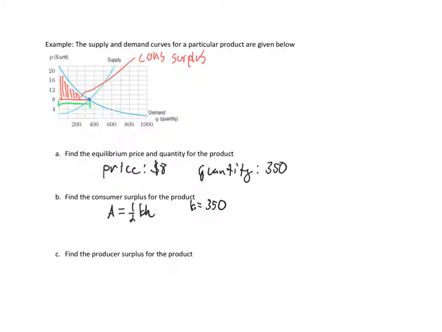The height would be equal to this space here. The height would equal that highest possible price that the consumer is willing to spend, in this case that looks like 22, minus the equilibrium price, 8. So I would say here that the height appears to be 14.